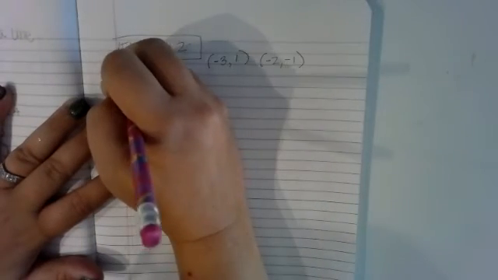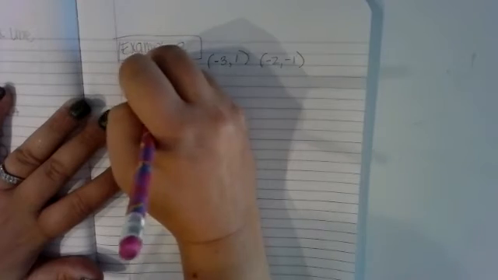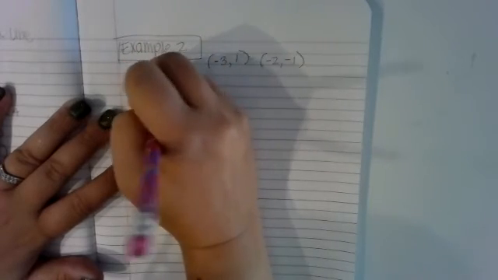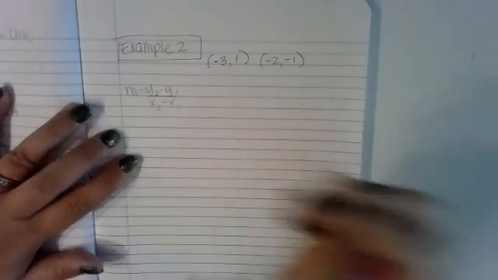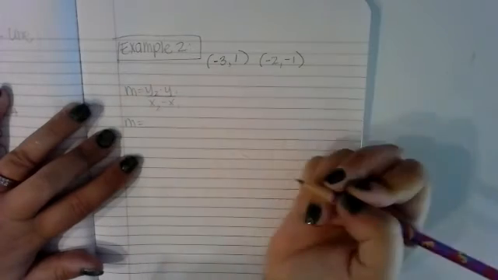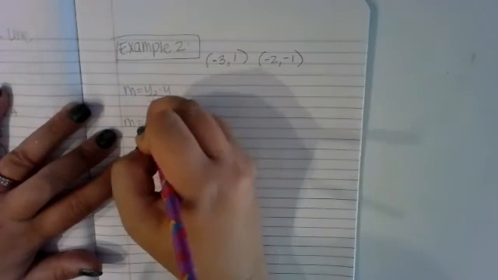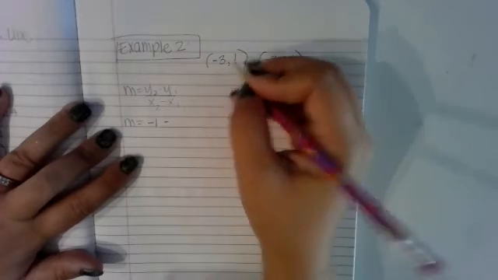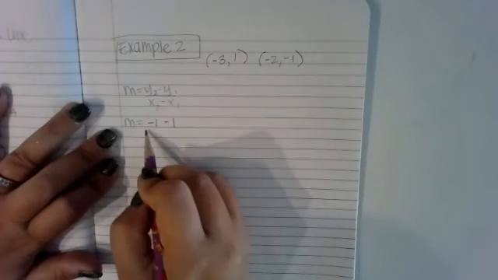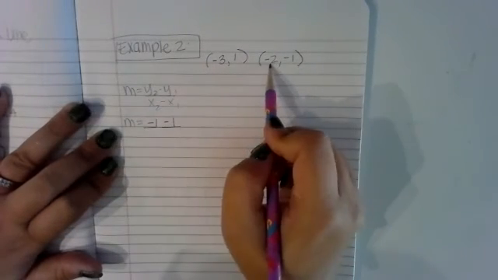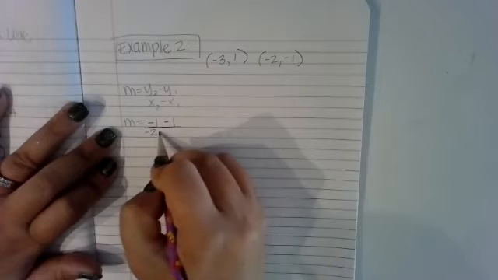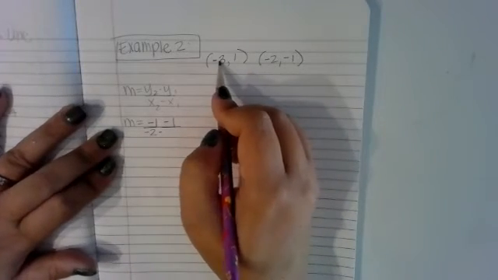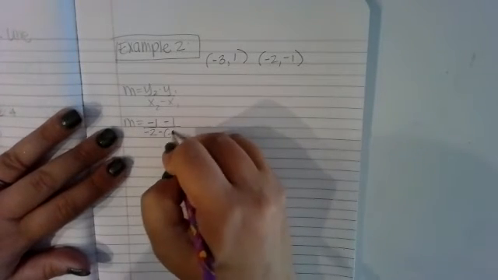So I have m equals y2 minus y1 over x2 minus x1. M equals, my y2 is negative 1 minus my y1, which is 1, over x2, which is negative 2, minus x1, which is negative 3.